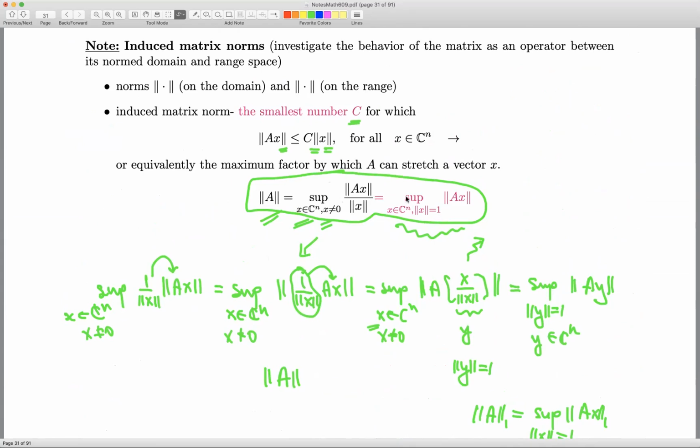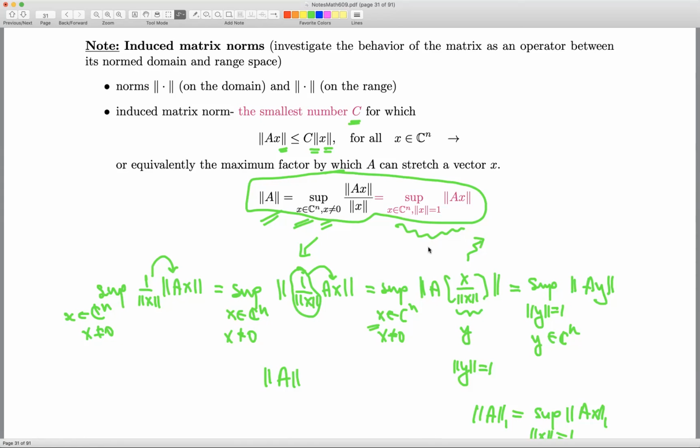Here, this supremum is actually a maximum, because it is a continuous function over a compact set. But it is not easy to compute from the definition what the norm of your matrix is.